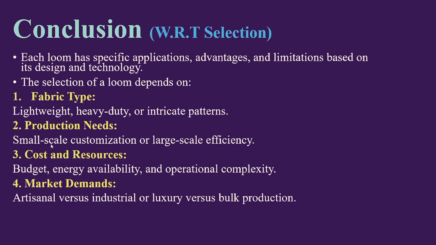Third variable is cost and resources: budget, energy availability, and operational complexity. The fourth variable is market demand: artisanal versus industrial or luxury versus bulk production. These are the variables for selection of loom.